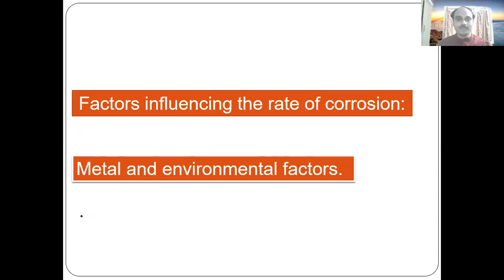Many industry sectors use metals, for example aircraft. An aircraft is always in the stratosphere zone, where it is exposed to much of the atmosphere. So how do these environmental factors affect the metal for corrosion?